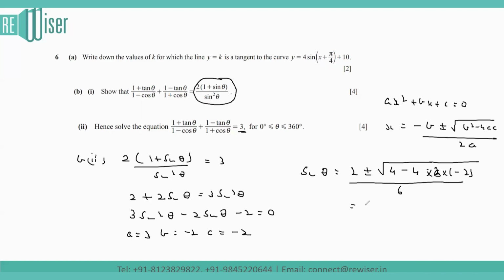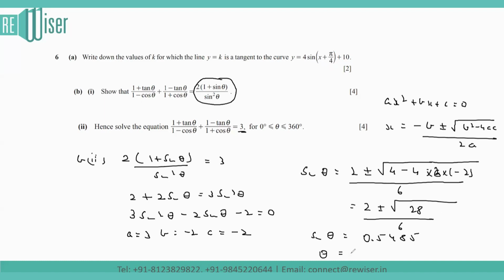So the value that we get is 2 plus or minus root under, this is 4, and 4 3s are 12, and this is 24, so 4 plus 24 is 28, over 6. If I take 2 out here, the value of sine theta that we got is minus 0.5485. We took the negative sign because the positive value is not valid in the domain.